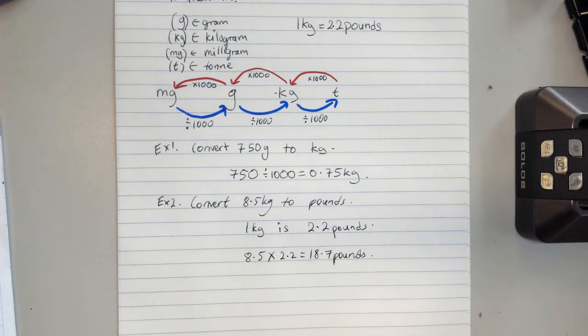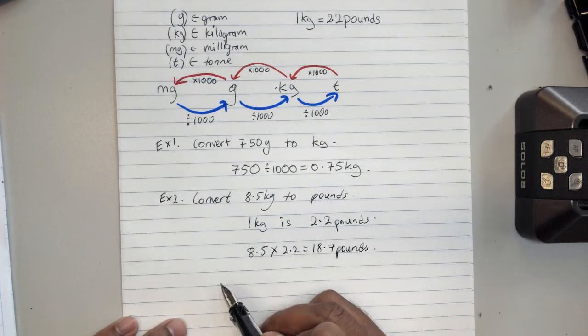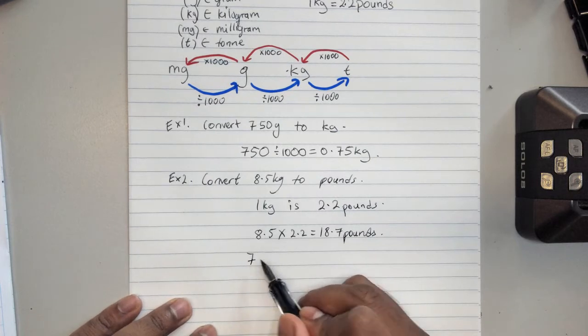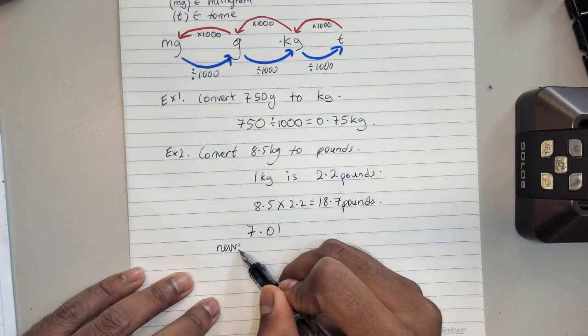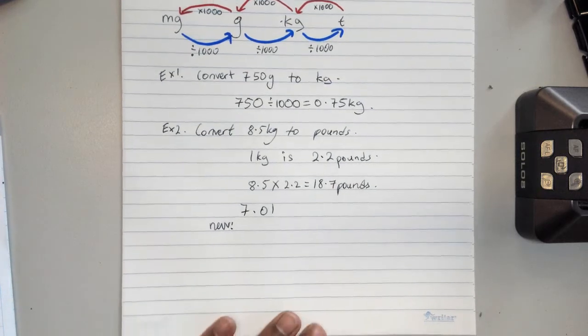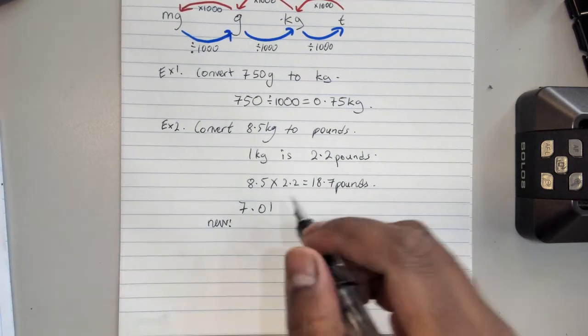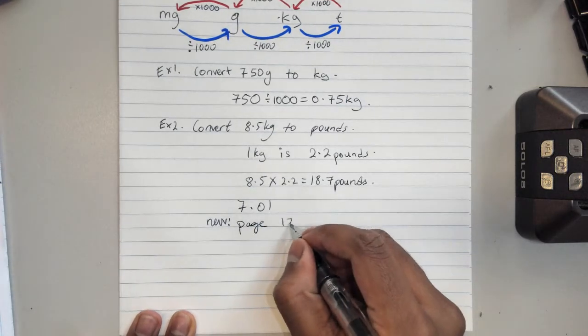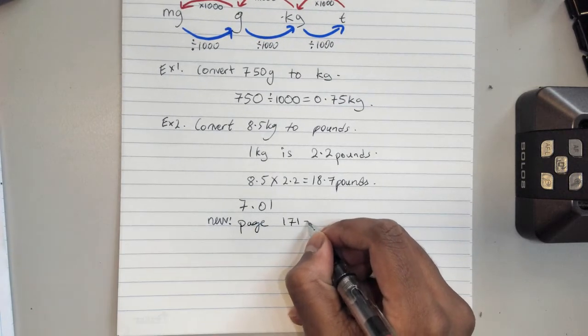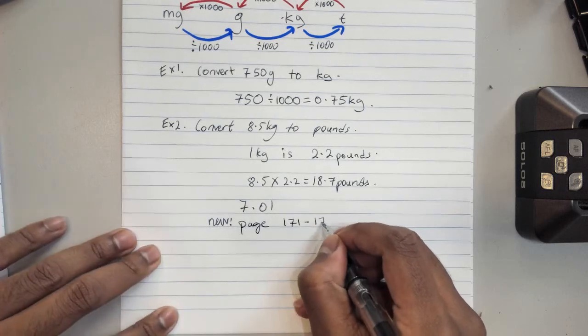Okay, well this is all of chapter 7. So this is all of 7.01. For the new book, it's page 171 to 172.